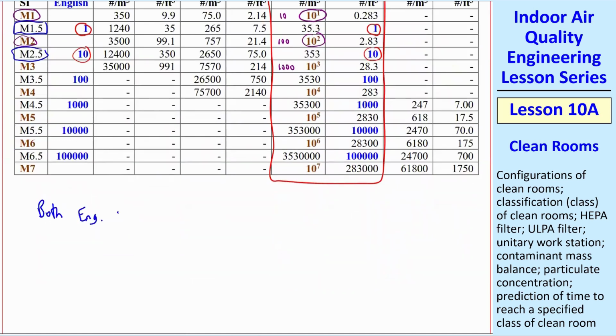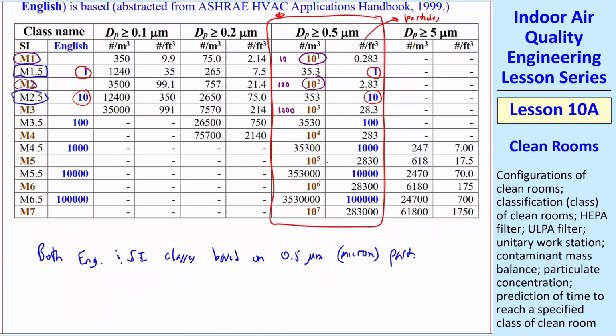Both English and SI classes are based on 0.5 micron particles. If you're dealing with particles that are 0.2 microns, you would use this column here, 0.2 microns and larger. Well, you have to meet these criteria. So to have a class 10, you have to have 75 particles per cubic foot or less in order to be classified as a class 10.